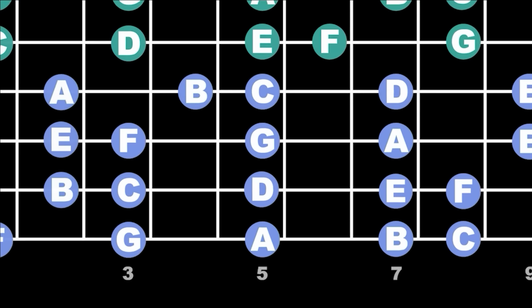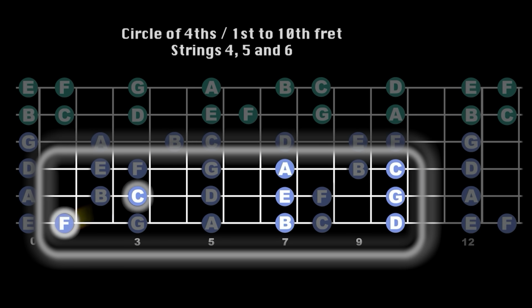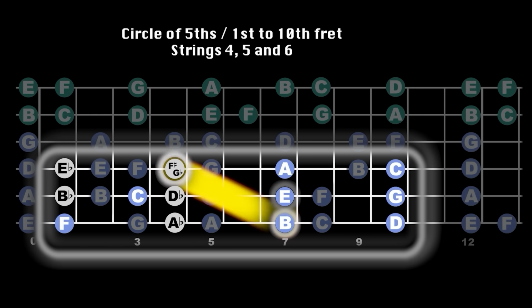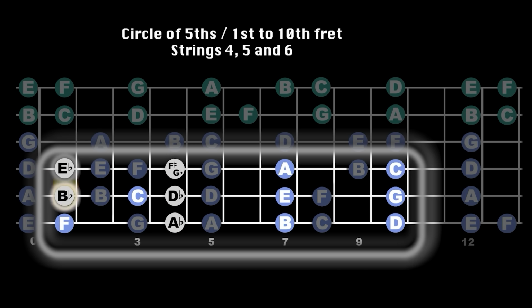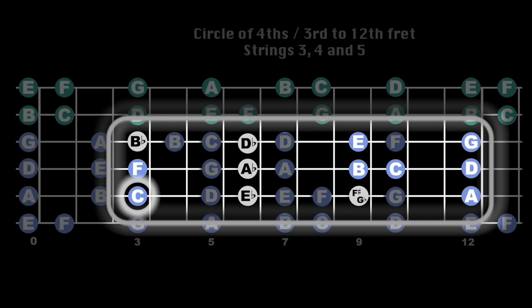Expanding the three-string pattern across more fret spaces makes it a bit less convoluted. Let's move the pattern one string up.